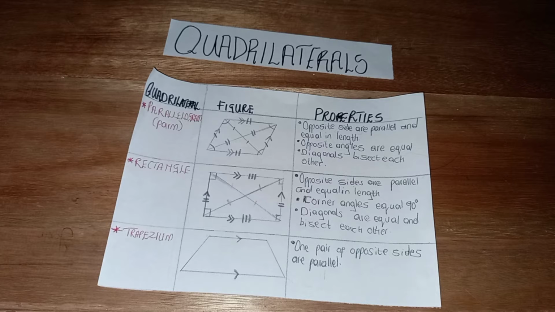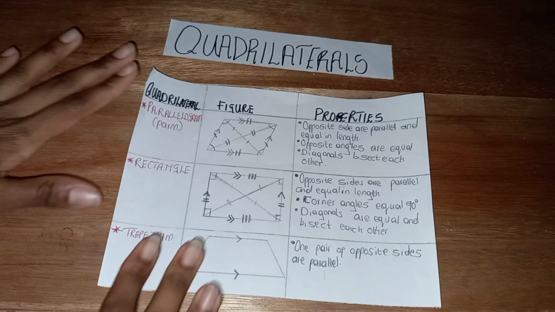For example, when you're faced with a question like prove that this shape is a parallelogram, you can prove it using the properties of a parallelogram. So without wasting any time, let's get into discussing them.